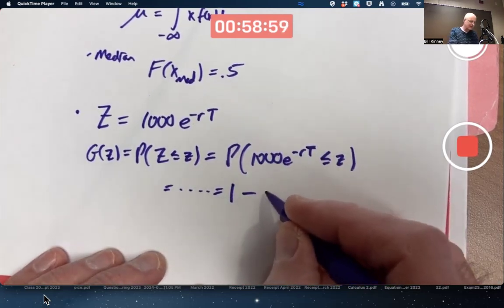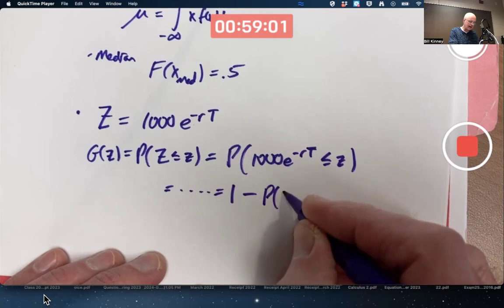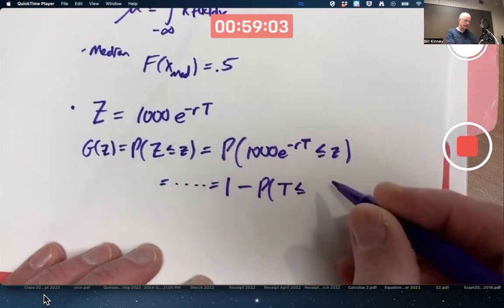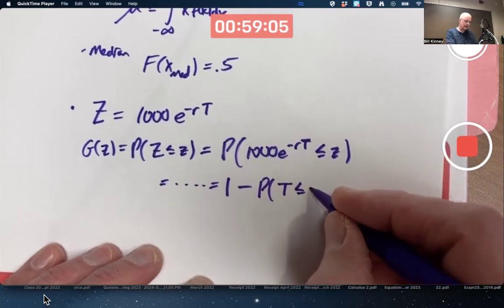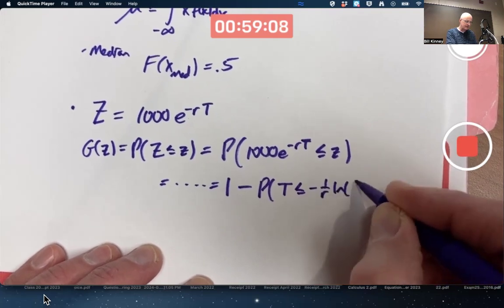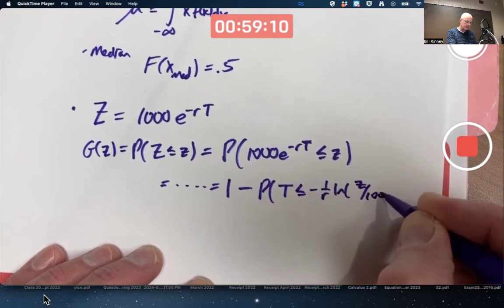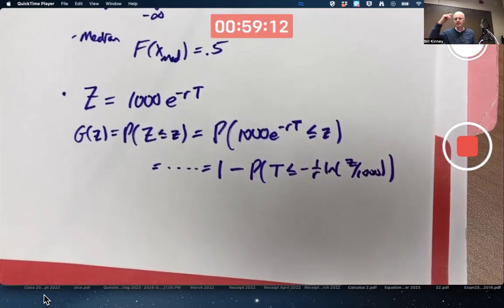You end up having to get 1 minus the probability that capital T is less than or equal to, I think it was negative 1 over r ln of Z over 1,000, it looks like. Just doing some algebra in my head there.